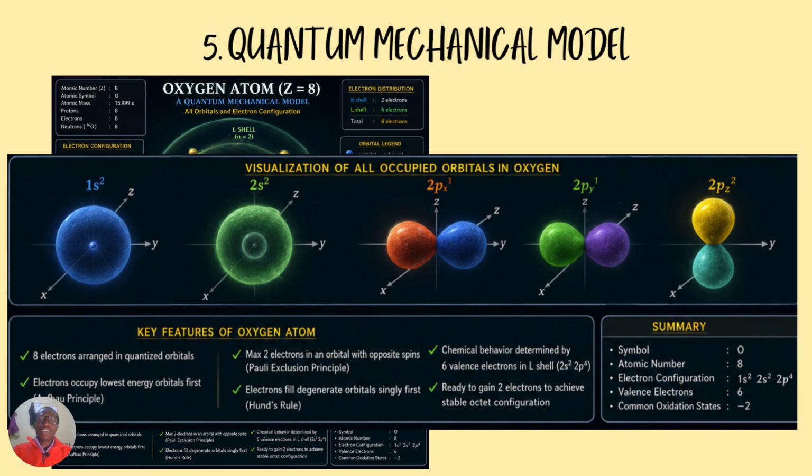Each orbital has space enough for only 2 electrons with opposite spins. All these are governed by a set of solutions to the Schrodinger equation called quantum numbers. But basically, these are some of the orbitals that were developed.